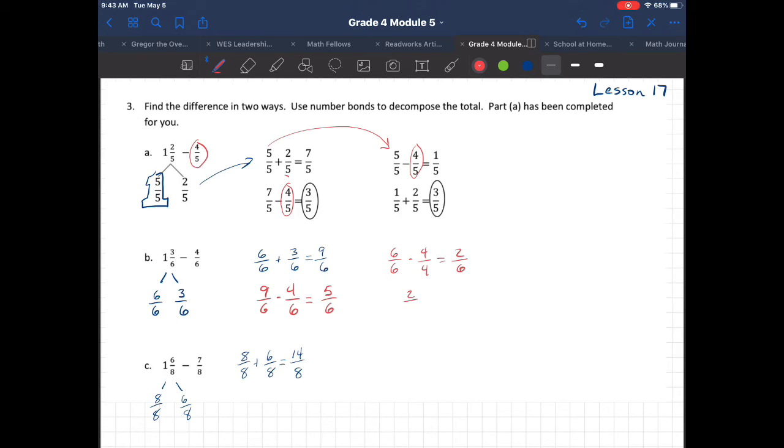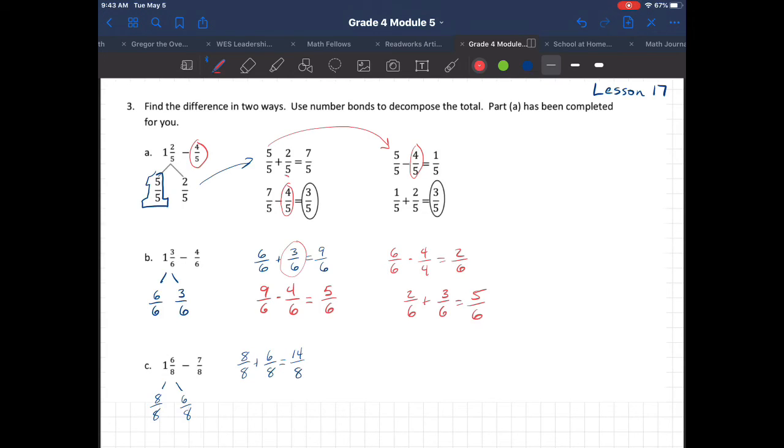And then, of course, we have to put on the 3 sixths that we left off. And it's going to equal 5 sixths. So this kind of reminds me of some of the number talks we did where people were adding and subtracting in different orders, but still coming across the same thing.